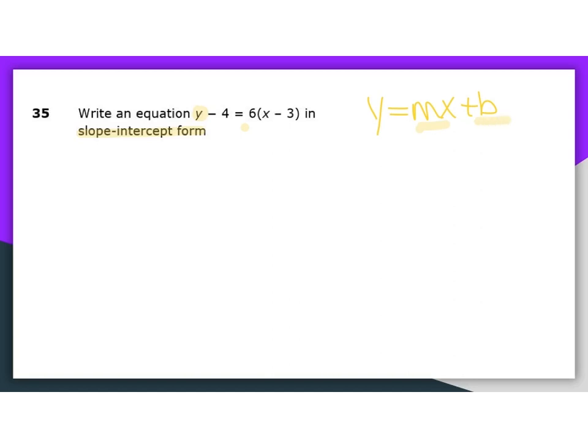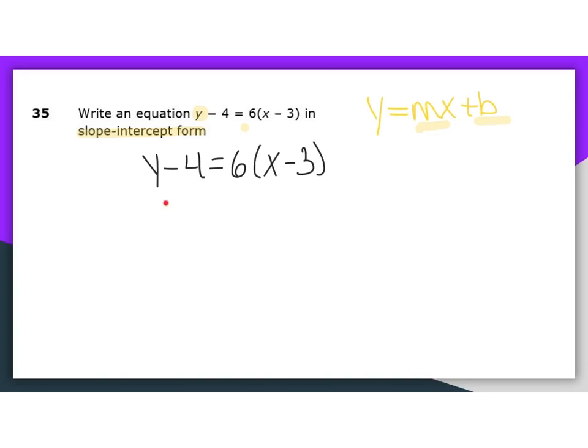So the first thing that we're going to need to do is go ahead and rewrite this so we have space to work. Make sure that if you have to rewrite an equation that you double check to make sure that everything has been written correctly. Sometimes you'll leave out a negative or a parenthesis that will throw the rest of the problem off.